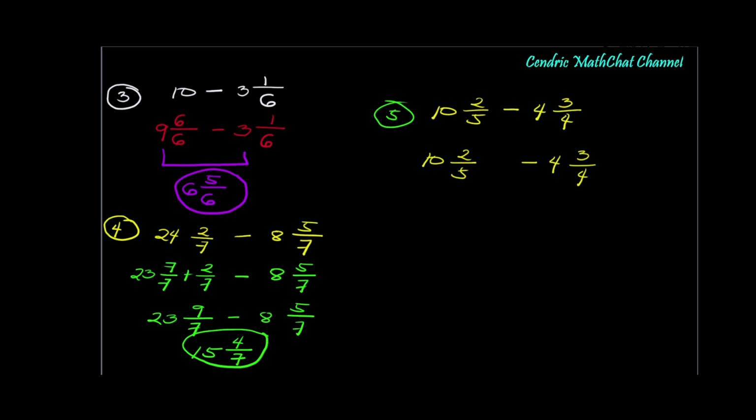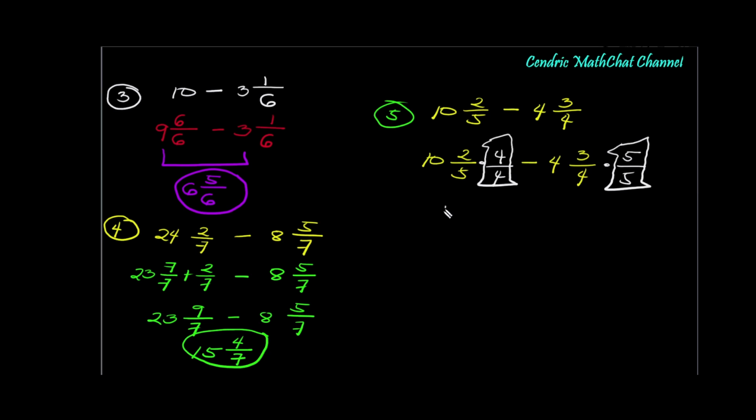So what I'm going to do is to multiply this by 4/4 because we're referring to fourths here, and multiply this also by 5/5. So always remember this 5/5 is equivalent to 1.